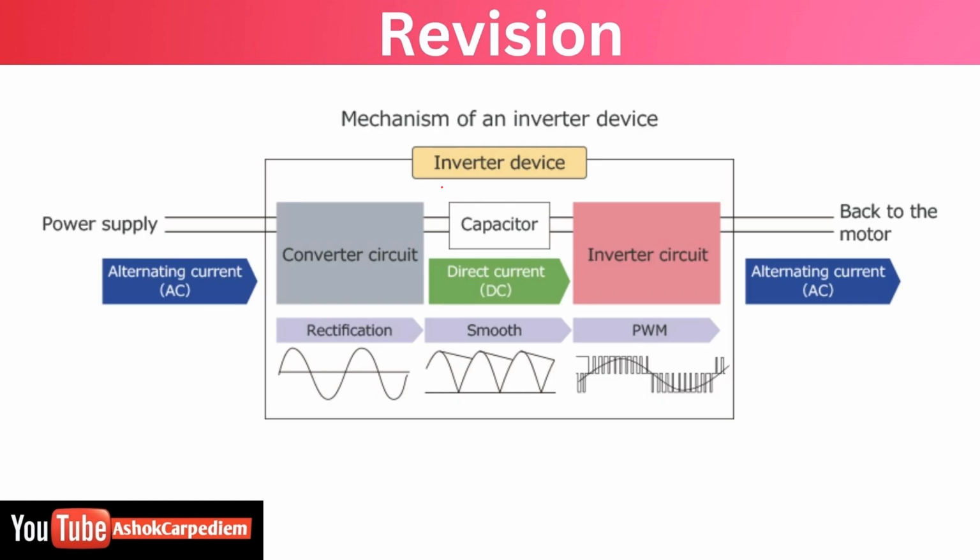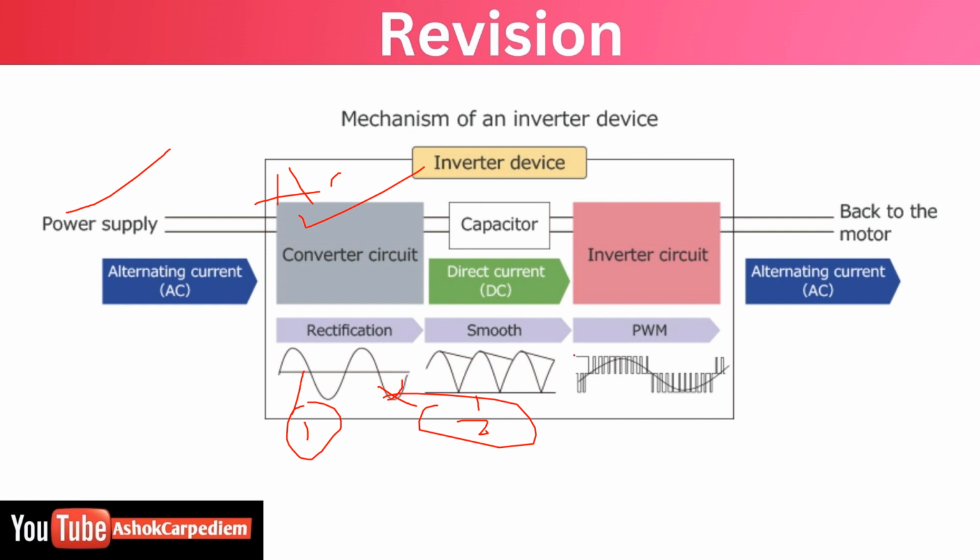Next one, revision. So we have run, right? Power supply is there. We have the converter which is changing from AC to DC, and then the inverter. This DC bus filter we have. See, here they have given it very neatly. This is the first step. Then it will remove all these negatives in the second step, and the third one is pulse width modulation.